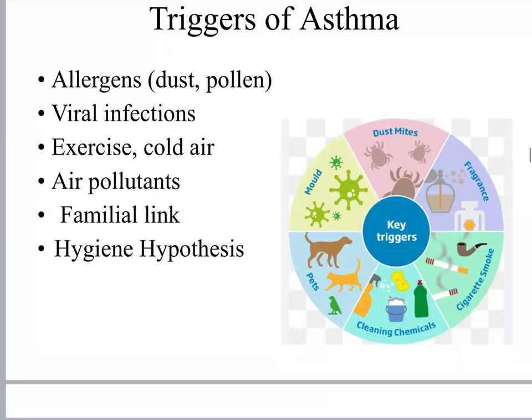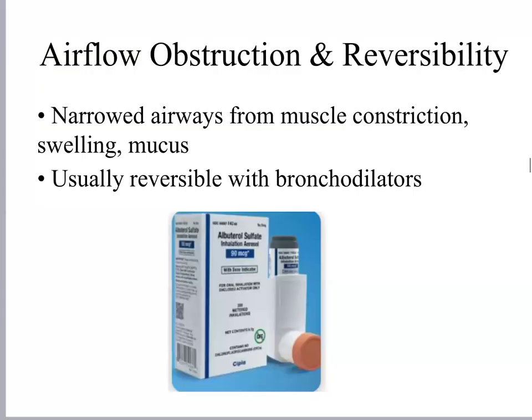So here's another really key aspect of asthma: it is reversible, except if there's remodeling, but it is reversible airflow obstruction. So somebody has these narrowed airways. What do we do? Well, we give them something called bronchodilators. That is a picture of albuterol. Maybe some of you have an albuterol inhaler.